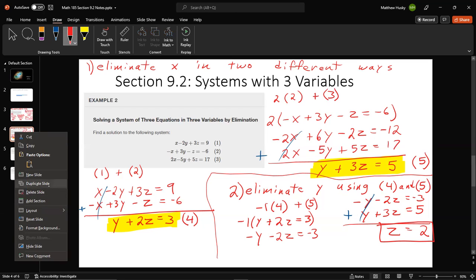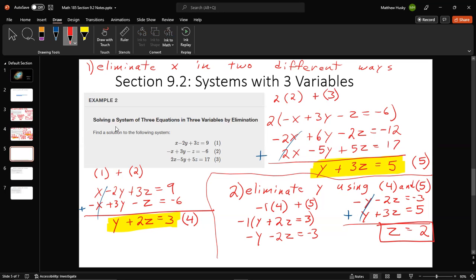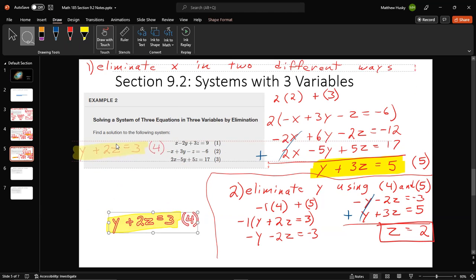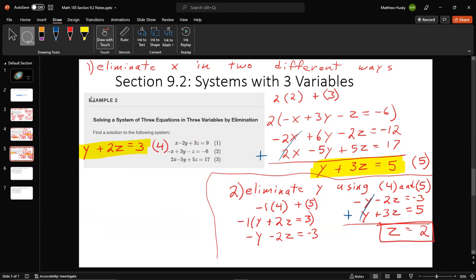Let me copy this slide here. All right, so now what we're going to do, let's see, let's erase some of this stuff. Okay, let's put this equation up there.